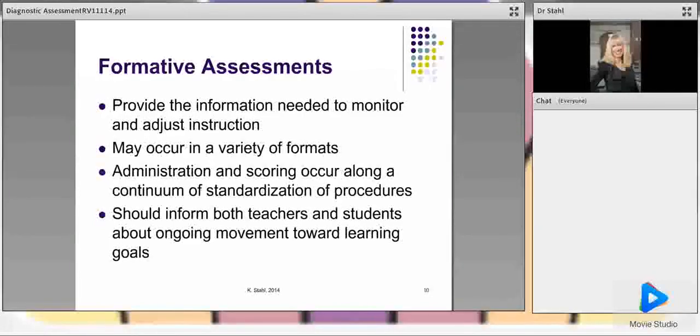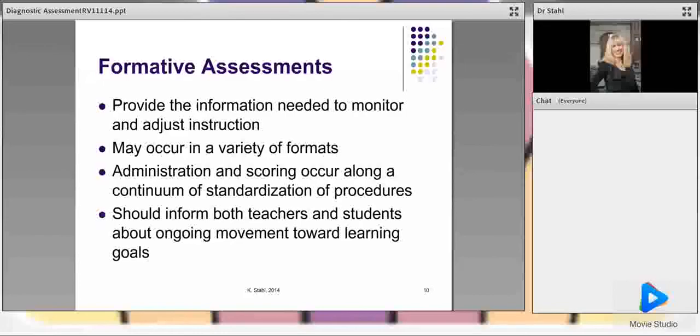Now, formative assessments provide the information needed to monitor and adjust instruction, and they can occur in a variety of formats. And the administration and scoring of formative assessments really occurs along a broad continuum ranging from no standardization, such as when you're doing questioning in a lesson.